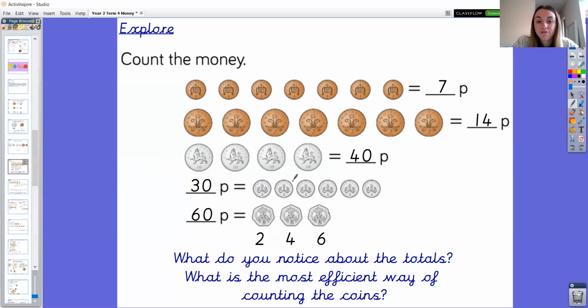Brilliant, Year 2. So you might have counted in tens. As we know, 5 add 5 equals 10. So you might have exchanged 2 5p coins to create the value of 10p. And then as you can see here, we have 3 lots of 10, which equals 30p. Brilliant, well done.